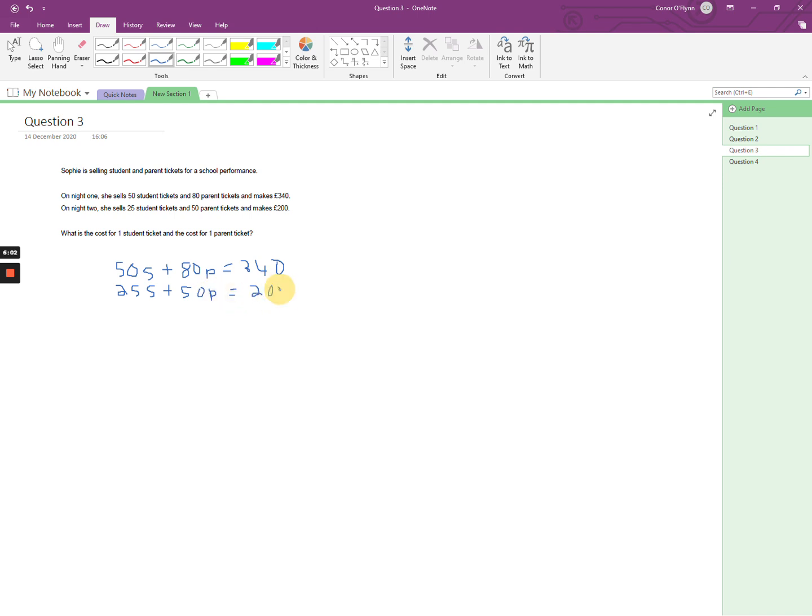And again, what am I going to cancel? I'll go for the S's this time because I can make the bottom one. So the bottom line, I'm going to multiply by minus 2. Top line, I'll leave the same. So that'll be 50S plus 80P equals 340.